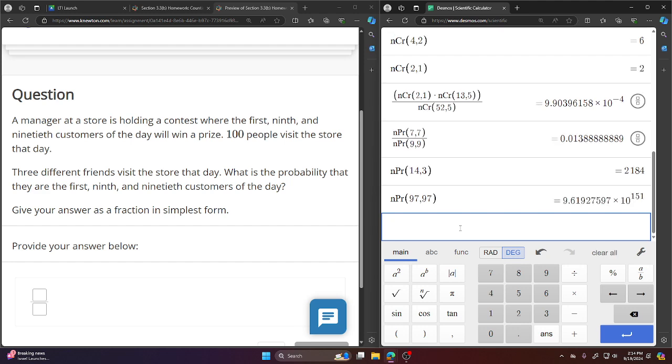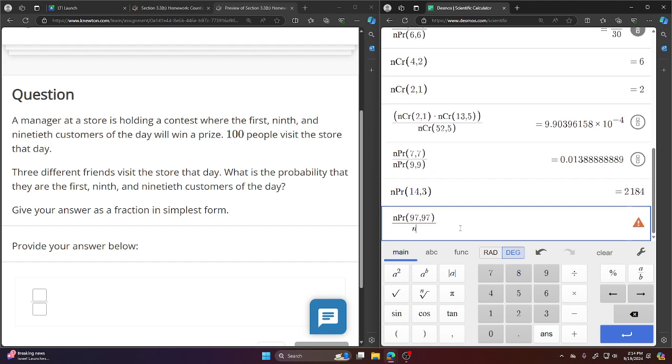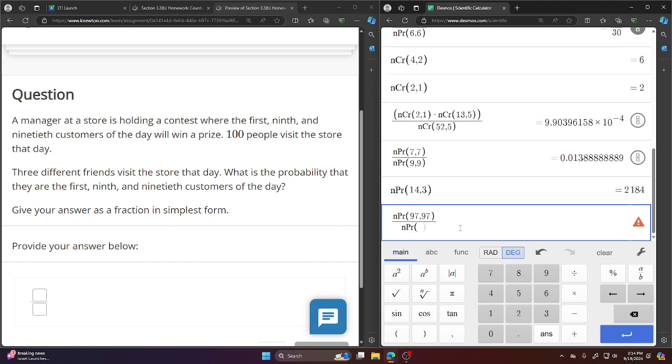All right. But total, hold on. Order is important because they're actually first, 9th, and 90th and all that stuff. Okay. How many total people went into the store? And out of those 100, who went into the store?